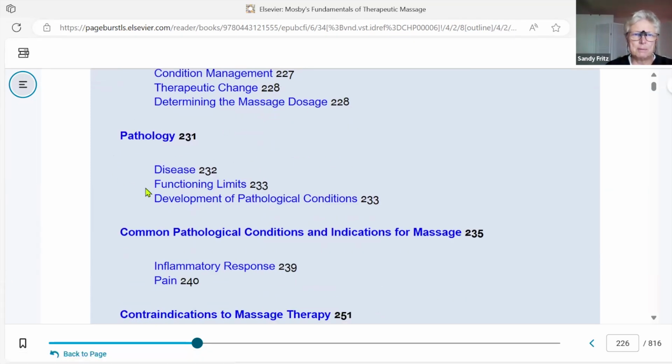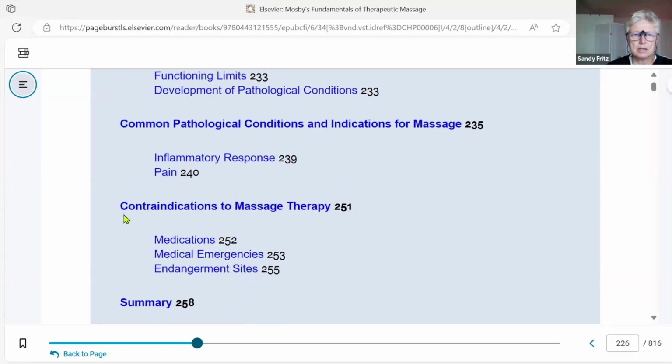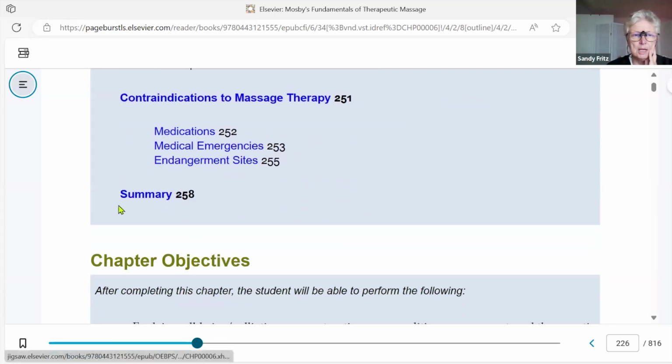And then we get into pathology overall, and then we get into common pathological conditions and indications for massage, and then contraindications, specific contraindications, and I just showed you that appendix, and then our summary.